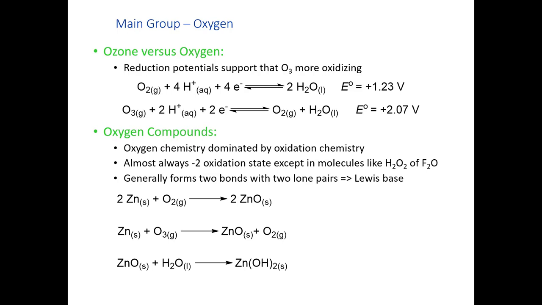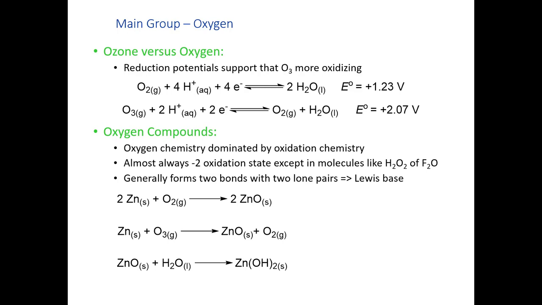Anionic oxygen compounds, such as oxide or O2- in zinc oxide, often act as strong Bronsted bases in addition to being Lewis bases. Oxide can deprotonate water to form two hydroxides, which themselves can act as Bronsted bases.